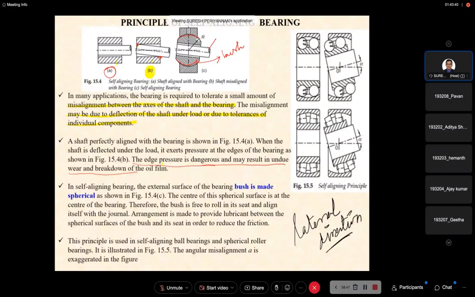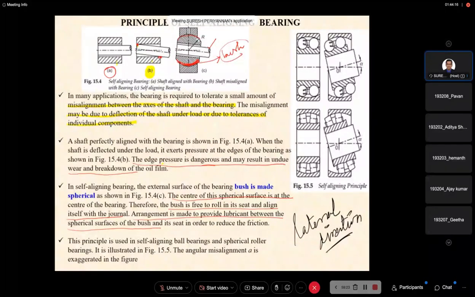The center of the spherical surface is at the center of the bearing. Therefore the bush is free to roll in the seat and align itself with the journal. The arrangement provides lubricant between the spherical surface and the bush.